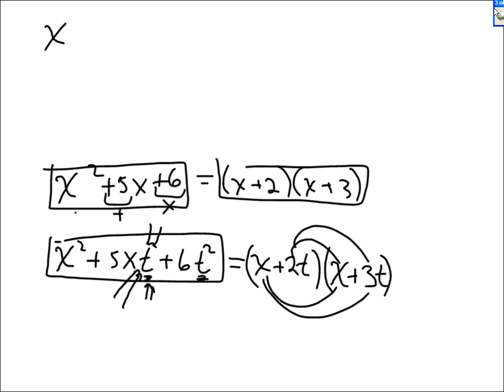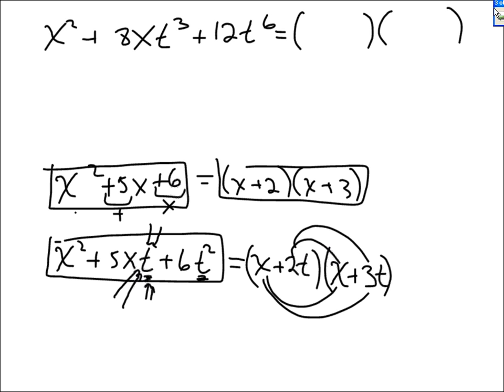Suppose you had x squared plus 8x t cubed plus 12 t to the 6th, and you're being asked to factor this. Since it's x squared, you know it's x followed by something times x followed by something else. Now, that's t cubed.